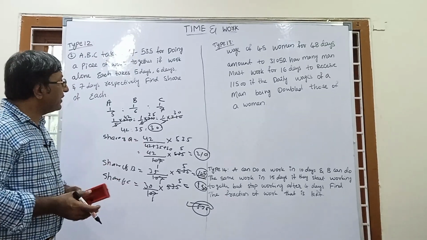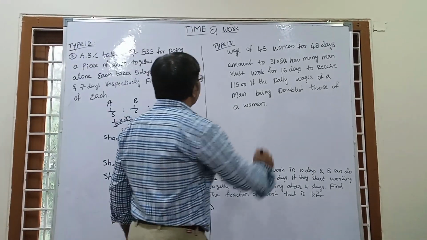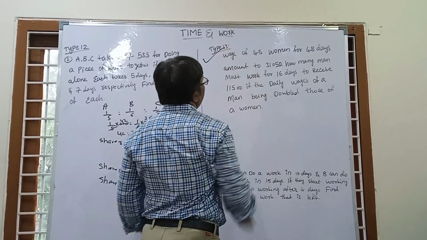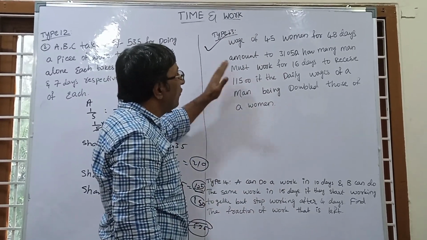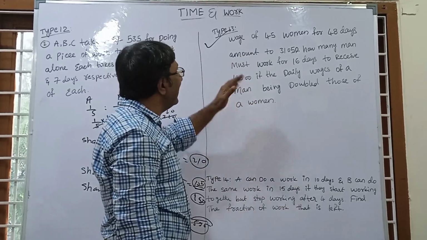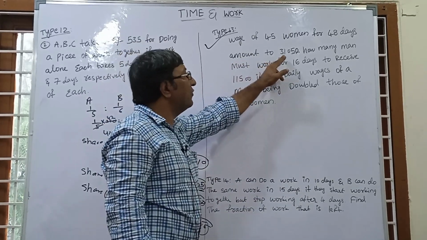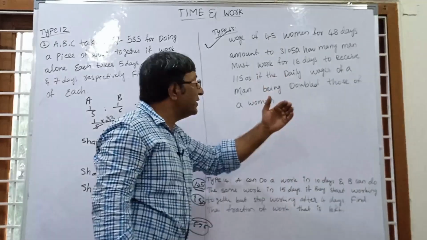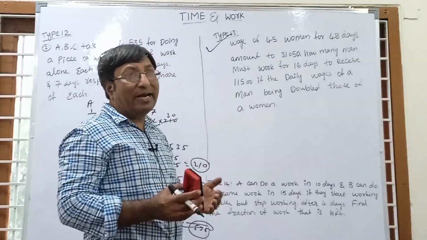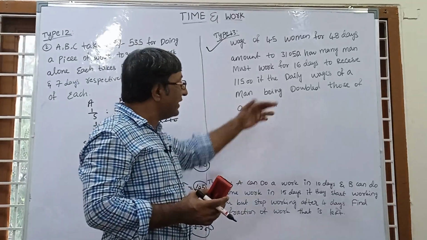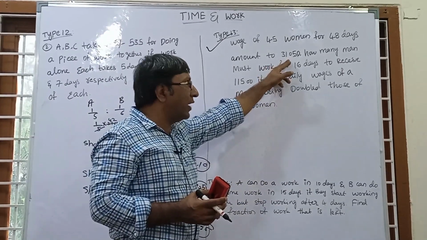Now just see the type number 13 question. That is, wages of 45 women for 48 days amount to 31050. That means 45 women work for 48 days and they get 31,050.